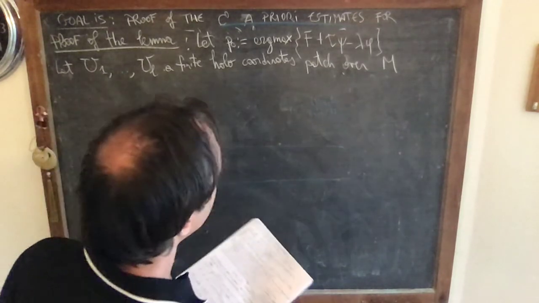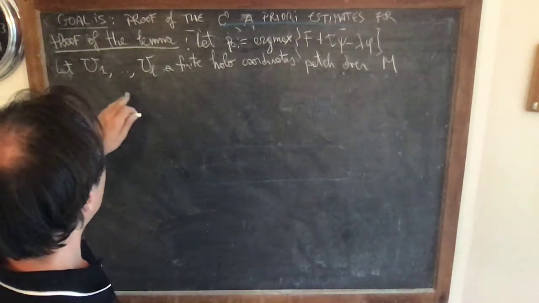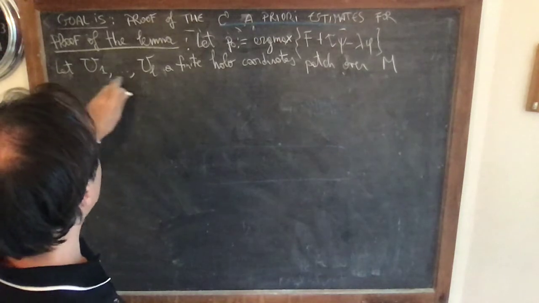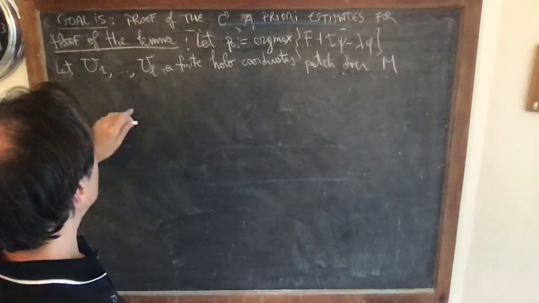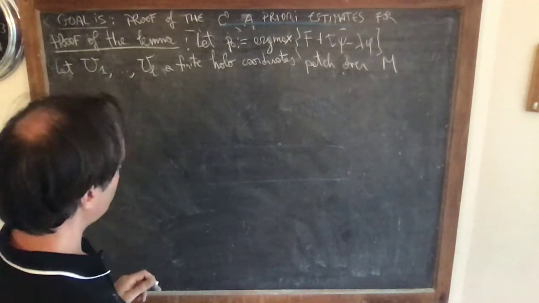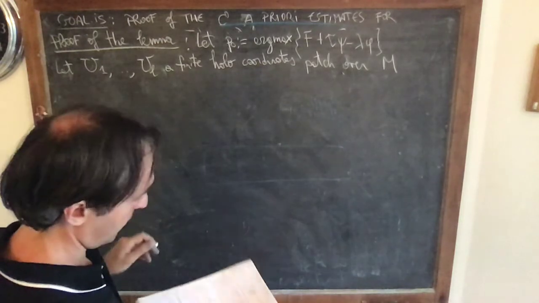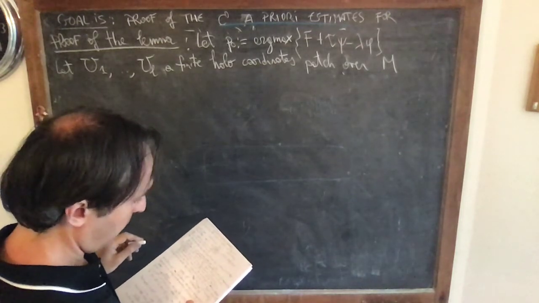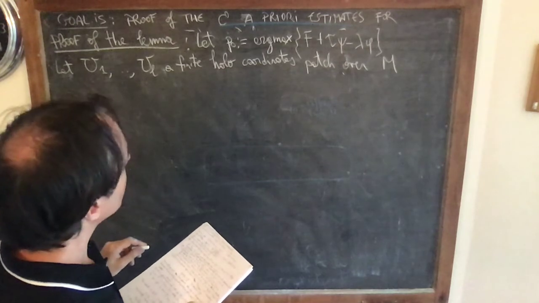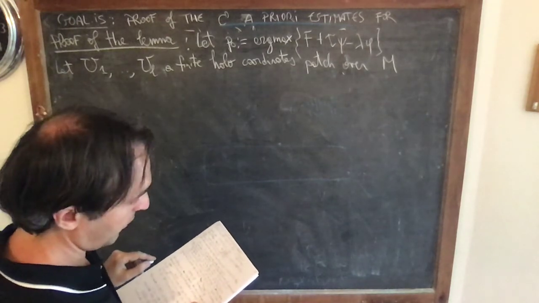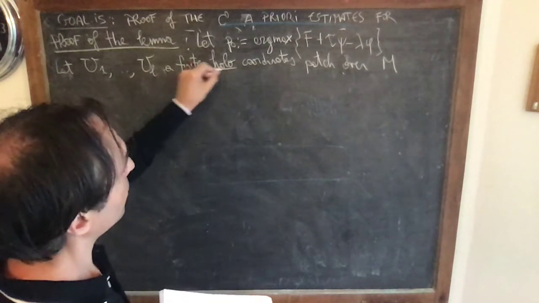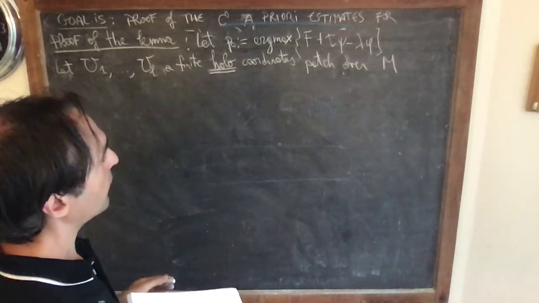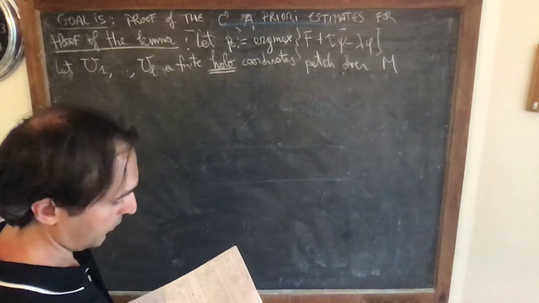The local computations we are going to perform are with respect to the coordinates coming from these patches. Okay, so we will not mention orthonormal coordinates because we rather stick to holomorphic coordinates.